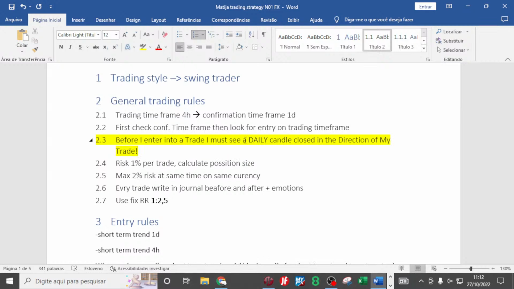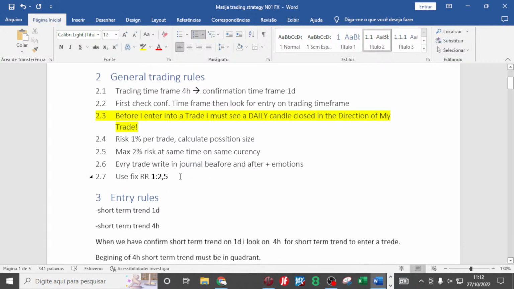Not to get too complicated. Risk 1% per trade, calculate position size, maximum 2% risk at the same time, same currency, every trade write in journal before, okay, 1 to 2.5.